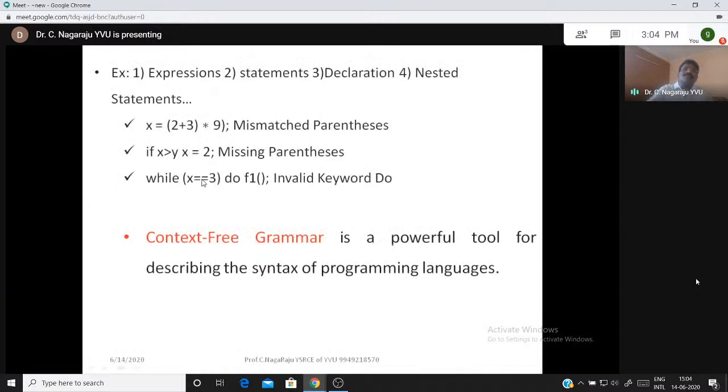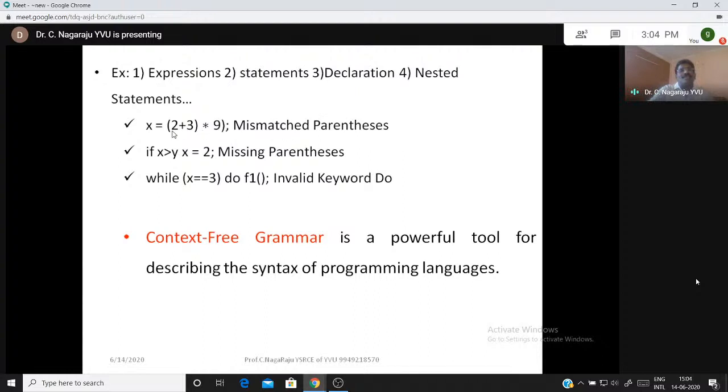In a programming language, we can have expressions, statements, declarations of variables and nested statements. Some error examples: x = (2 + 3 * 9)); Here there are mismatched parentheses.